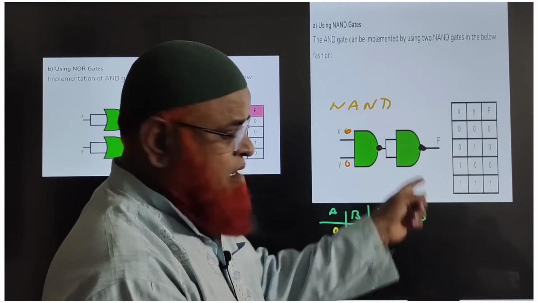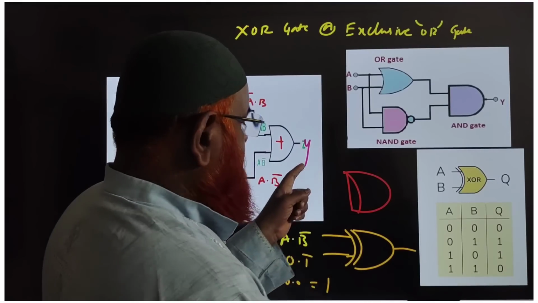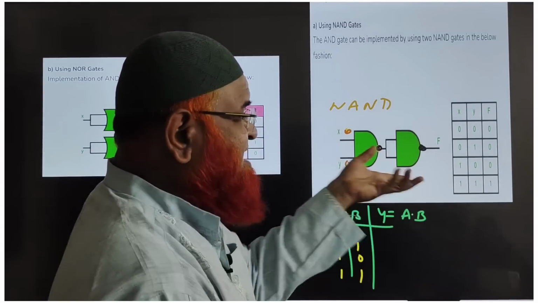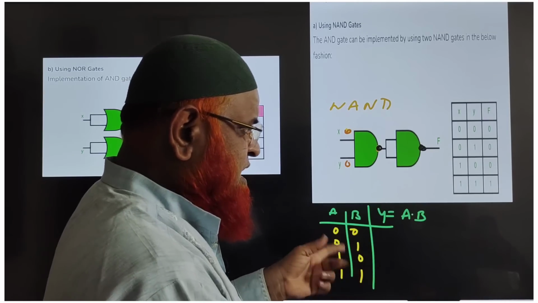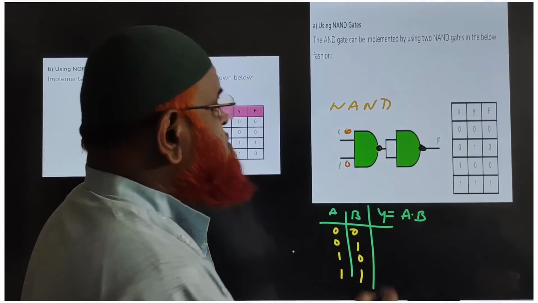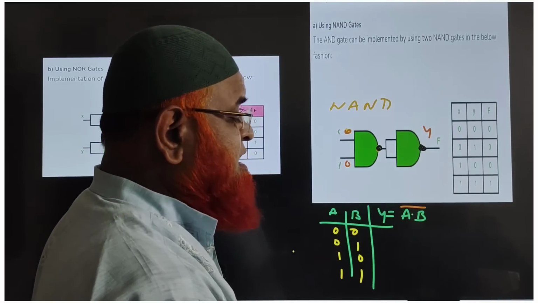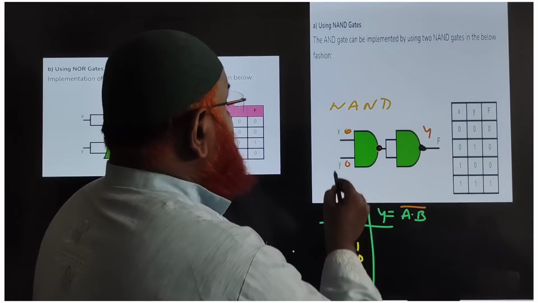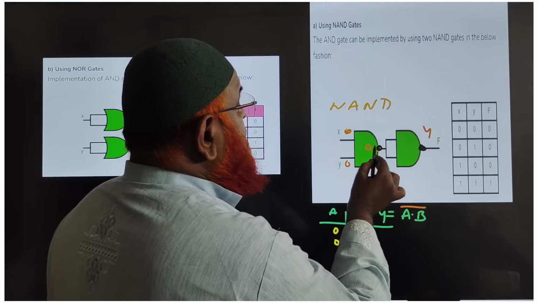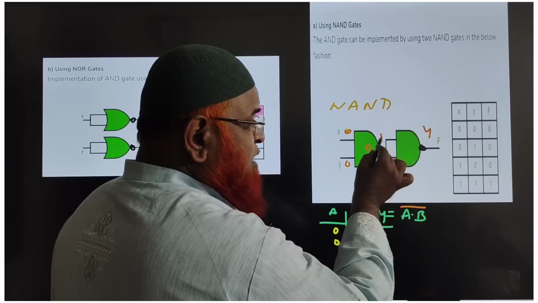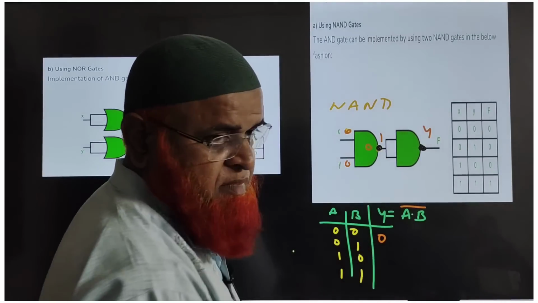I just said it: when both the inputs are joined, the bubble is acting like a NOT gate. Is it understood? So the output is Y, which is A dot B whole bar. So 0, 0 is 0 before the bubble. After crossing the bubble it is 1, and this is a NOT gate. 1 means 0. Is the logic understood?